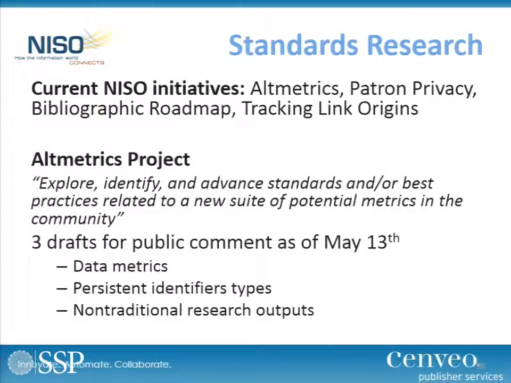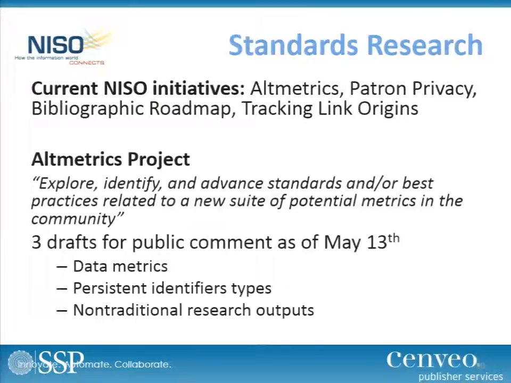The fun one is the Altmetrics project, and they have done a lot on that. They've just put out 3 draft documents, which everyone should look at. They're out for public comment, and they are really exciting.